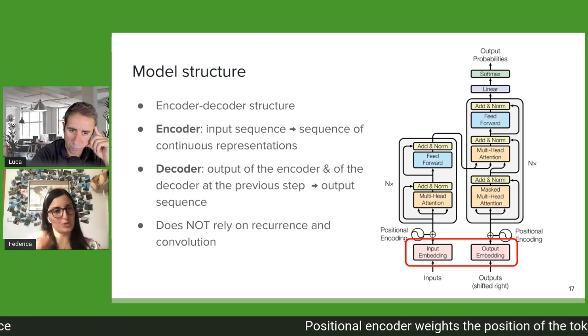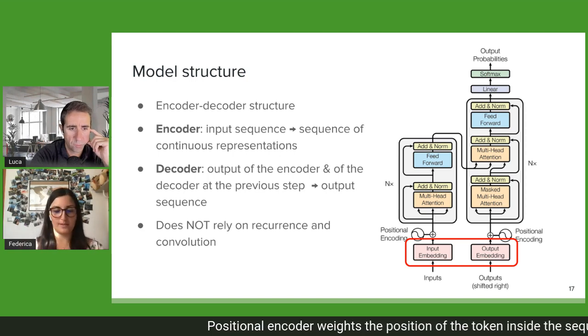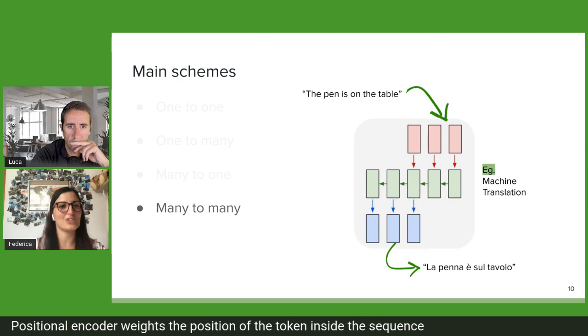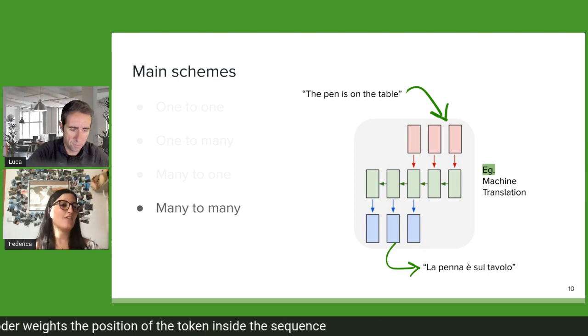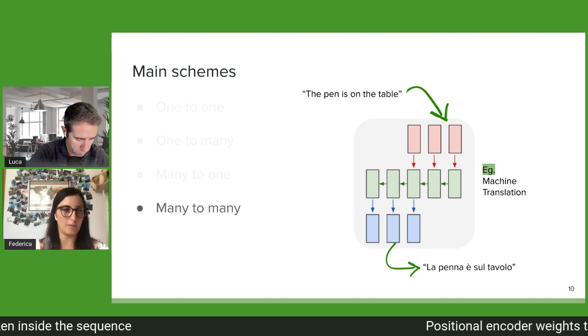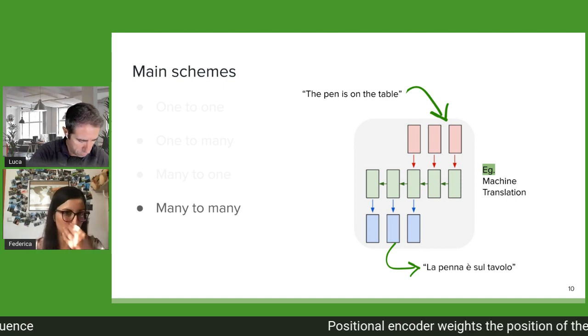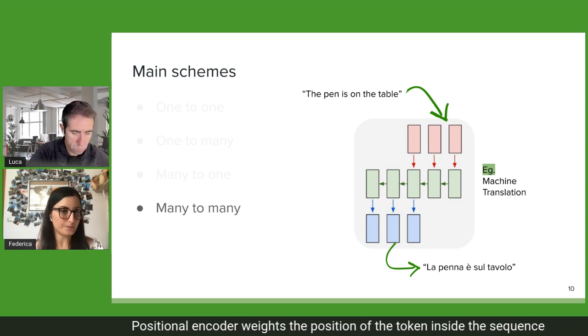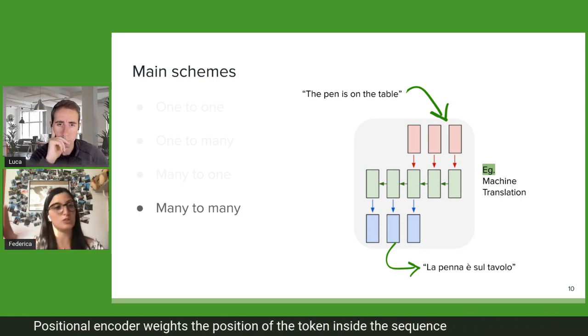But why do you need positional encoding? Let's go back to the sentence of before. Maybe it's easier. So the pen is on the table, okay? If you use an embedding, one of the pre-trained ones, there are a lot of them, you get that each of these words is mapped into a vector.